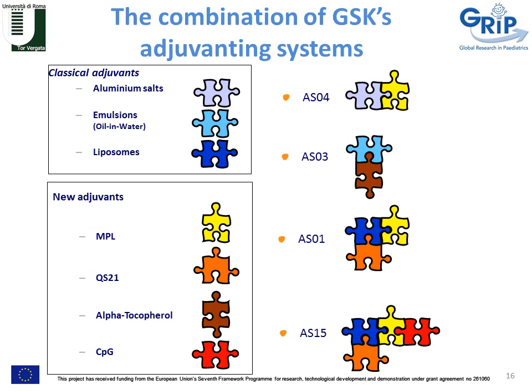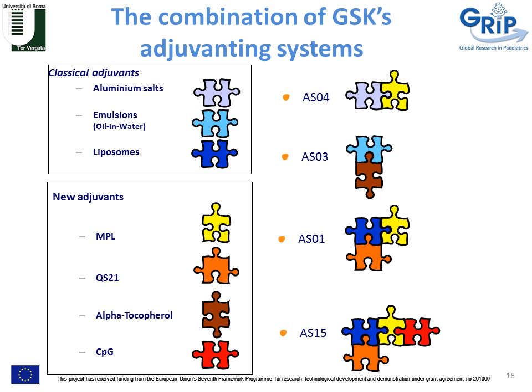So let's start with AS04, which is an MPL-based adjuvanting system, which was the first one ever of these novel adjuvanting systems licensed for a vaccine, Fendrix, a hepatitis B vaccine, which in combination with AS04 gives a much higher and probably a much broader immune response against the recombinant hepatitis antigen used in that vaccine.